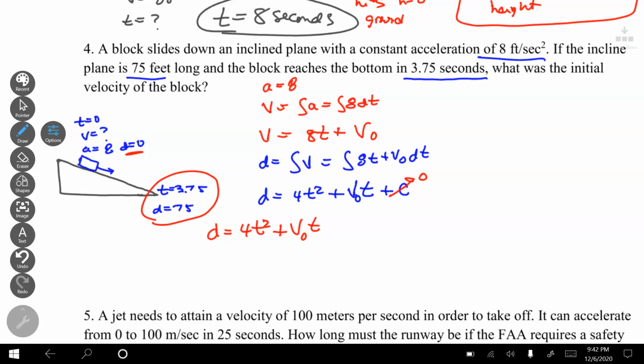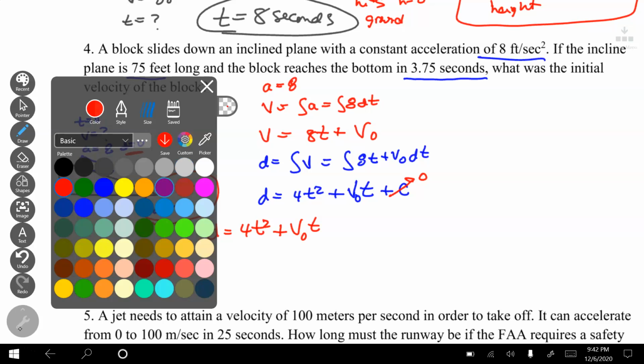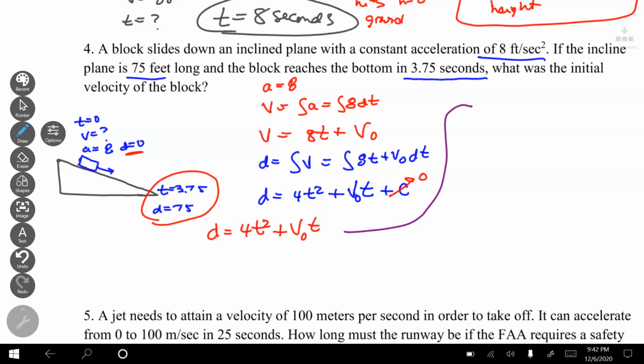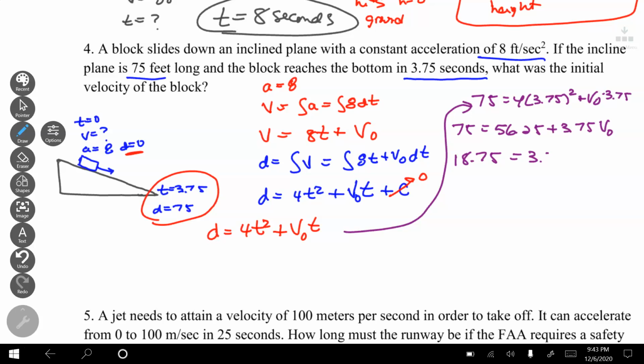And then I can use this information here. So I'm going to do that over here. My distance of 75 is equal to 4 times 3.75 seconds squared plus v sub 0 times the 3.75. 75 is equal to 56.25 plus 3.75 times my initial velocity. 18.75 is equal to 3.75 times that initial velocity.